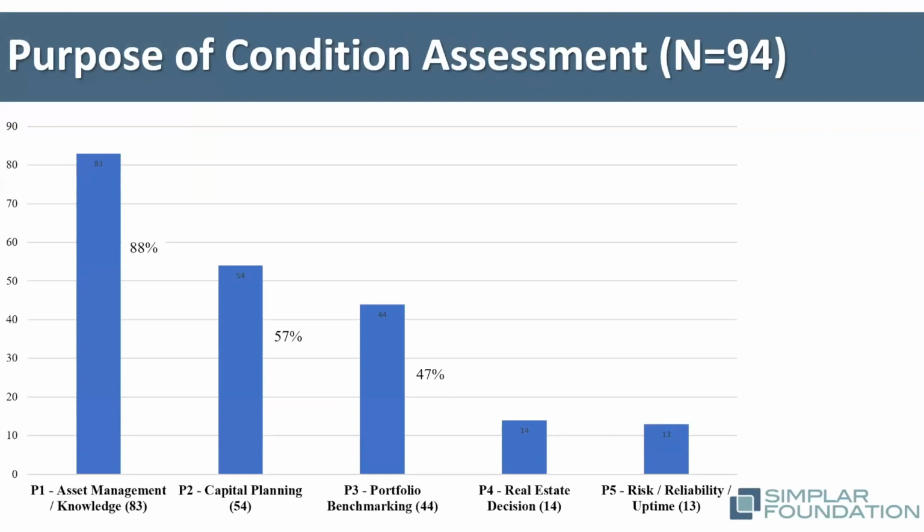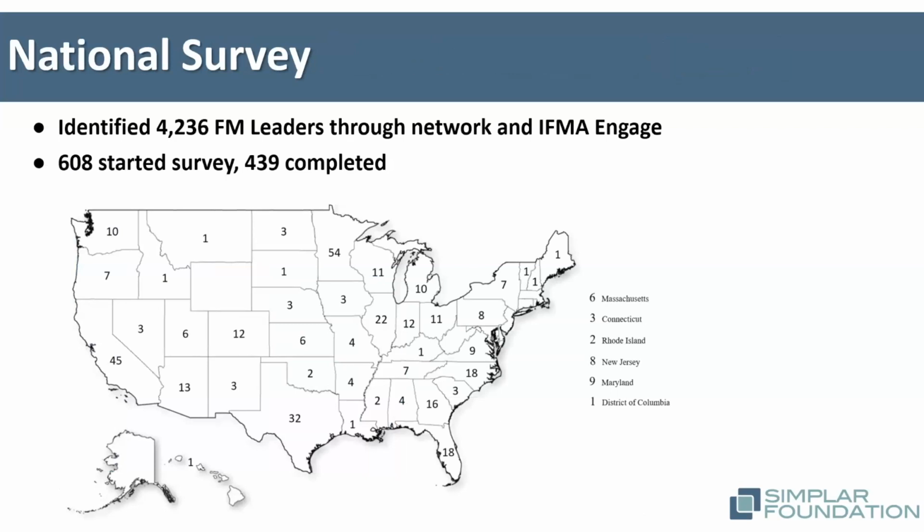And so that led me down the road of establishing kind of a purpose-driven facility condition assessment research objective. You can see some of the other important capital planning, portfolio benchmarking was also important. Surprisingly, risk wasn't that important, which obviously now it's much different with the supply chain issues that we have with not having everything readily available.